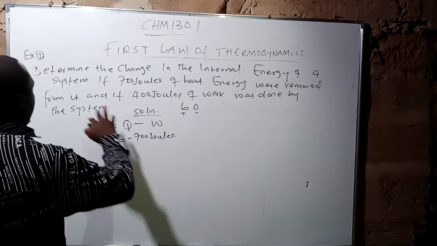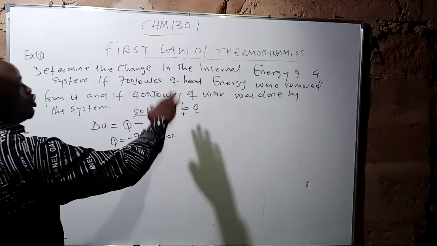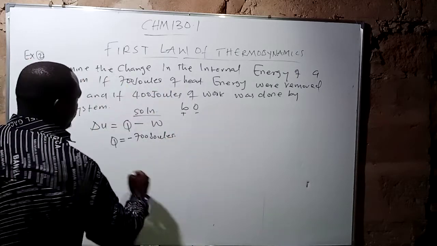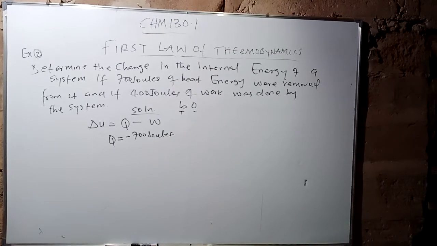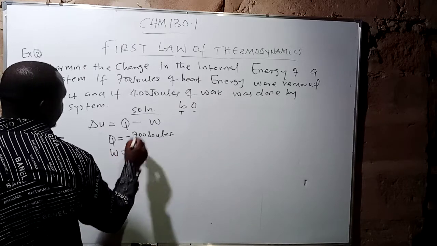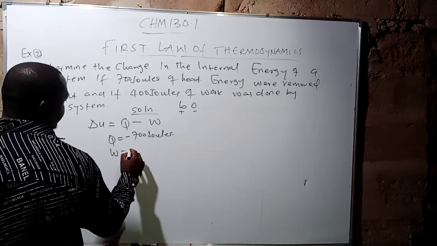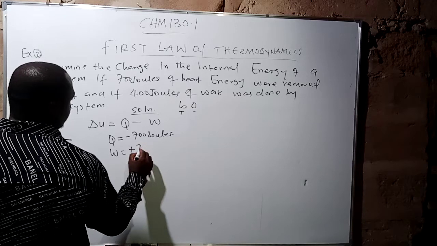Now, if 400 joules of work was done by the system, remember, if work is done by the system, W here is plus 400.